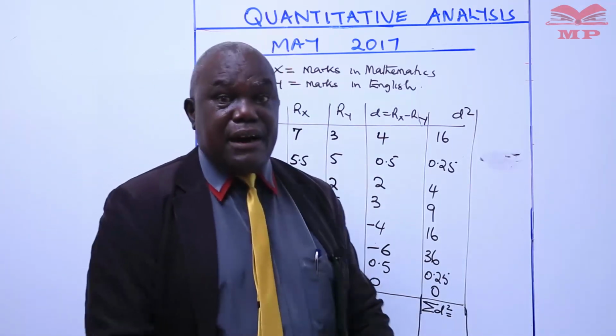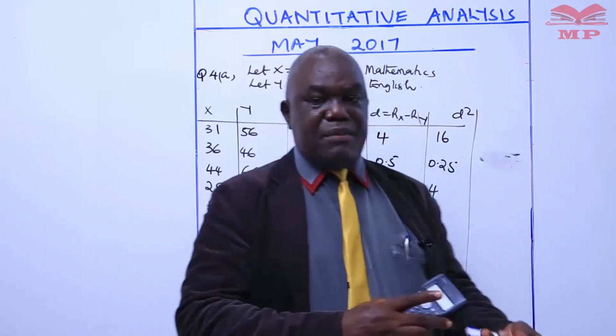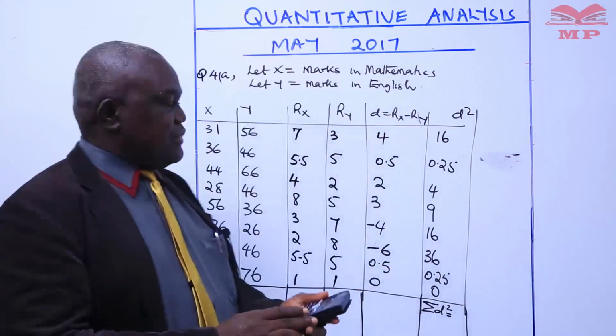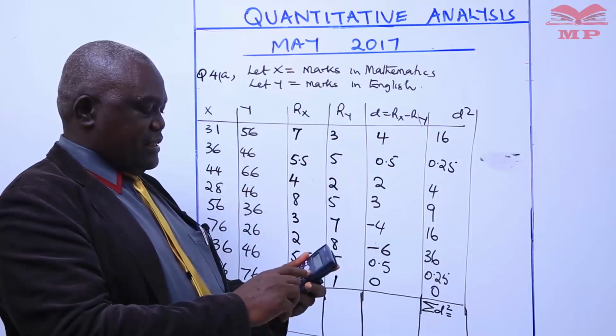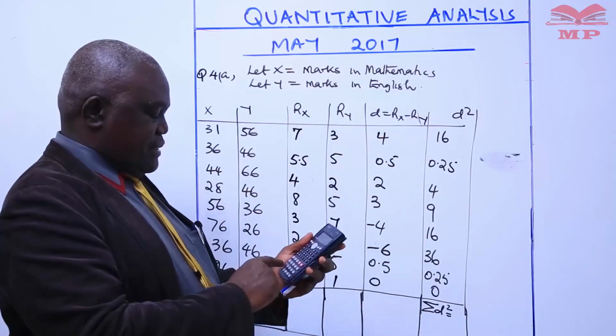Finally, I come and get the sum of my last column. What is the sum? Adding all these values under d squared. This is what I get.